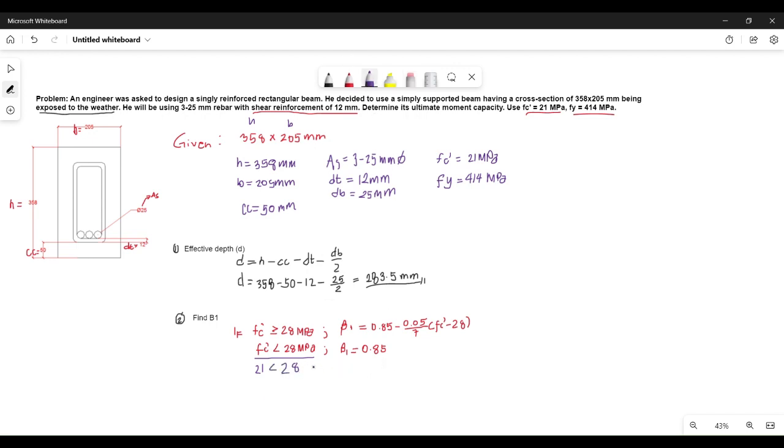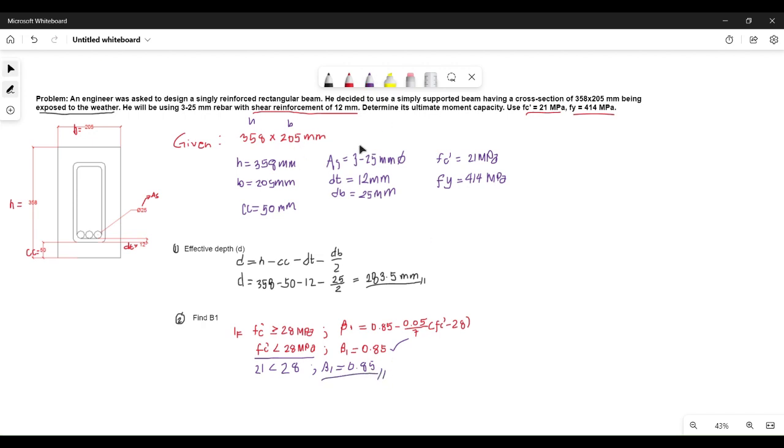So, we will use our beta 1 equal to 0.85. Okay? Ito siya.